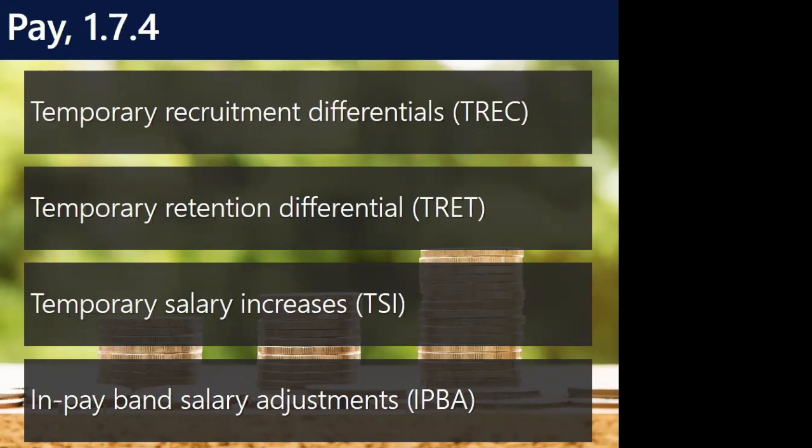Those can be up to 10% during a fiscal year with director approval. The rule is interesting in that it doesn't allow more than 10%. It doesn't give the director discretion. So we've typically interpreted that as only up to 10% in pay bands.